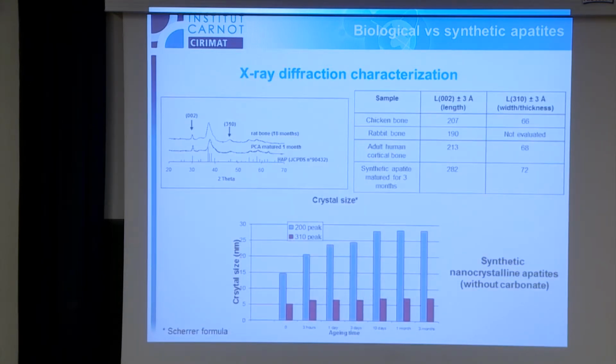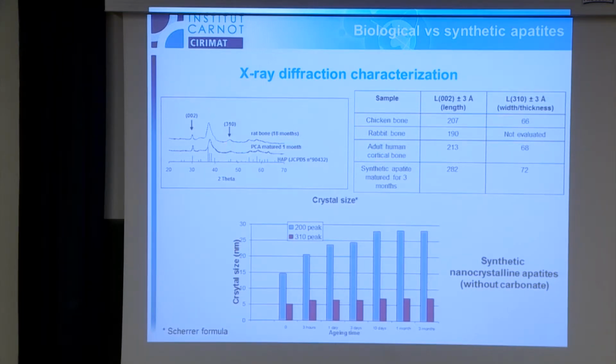Okay, here are some results related to the structure characterization. This is a reference stoichiometric hydroxyapatite pattern. Here nanocrystalline apatite after 1 month of maturation, and here it's a rat bone, months old.